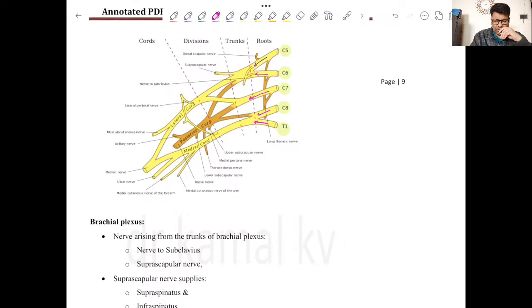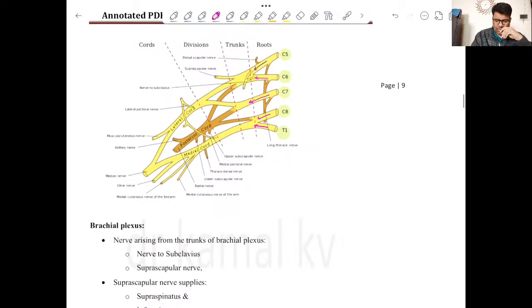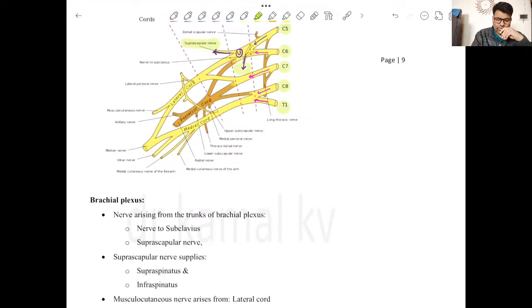Then there are divisions and finally cords. From the upper trunk, now this is the upper trunk here, there are two nerves. One nerve is this, another nerve is this. So one nerve is the suprascapular nerve and another is the nerve to subclavius. So two nerves come from the upper trunk.